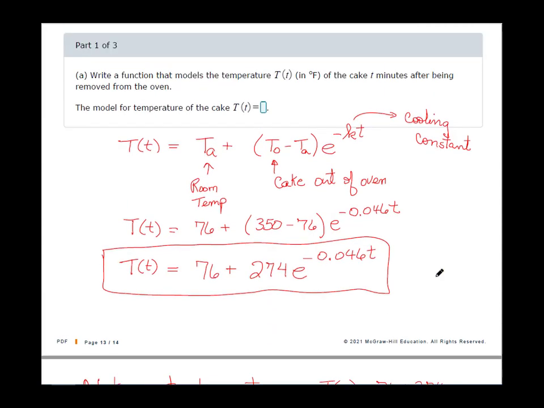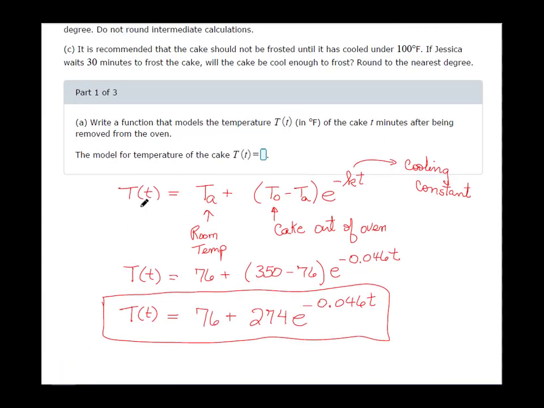Now there's a formula for this. The temperature of your item at any time is the room temperature plus the difference between when it comes out minus the room temperature, times e to the minus kt. K is a cooling constant.